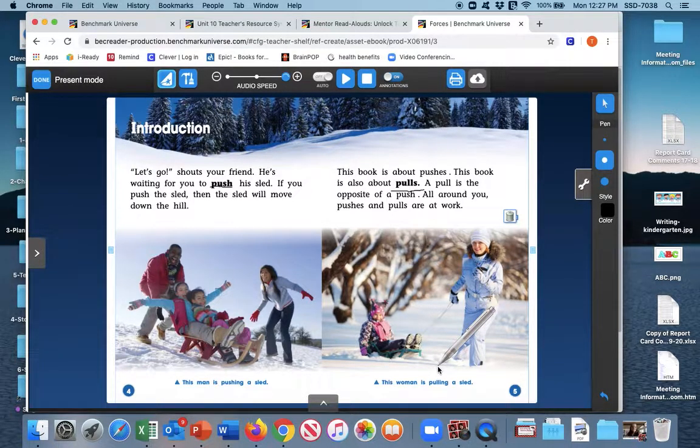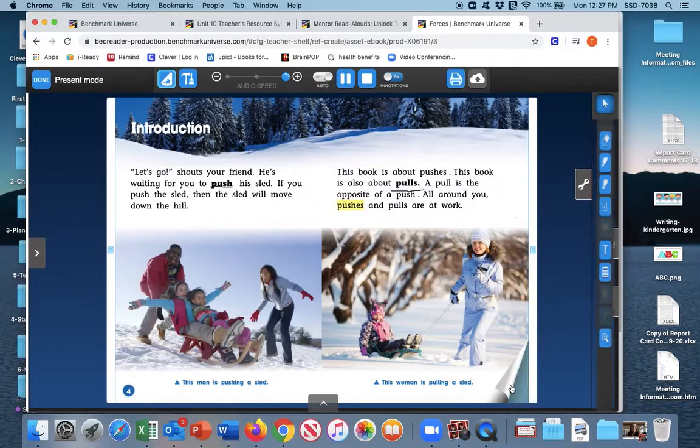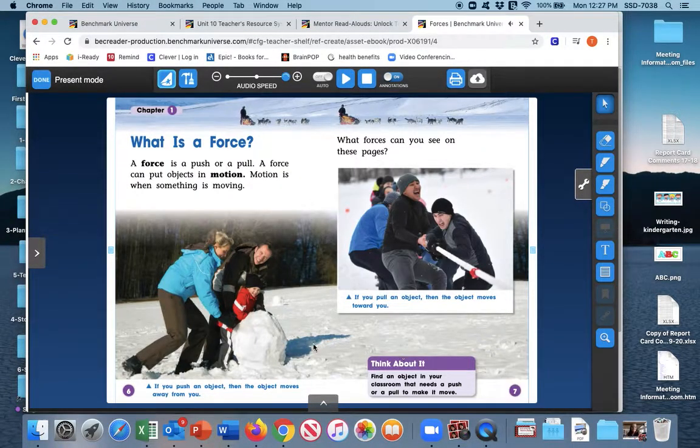So again, it's the opposite. We see the same thing here, on page 6. We see the family is pushing the snow away from them, pushing it away. And here the people are using the cord or the pole or rope to pull an object towards them.